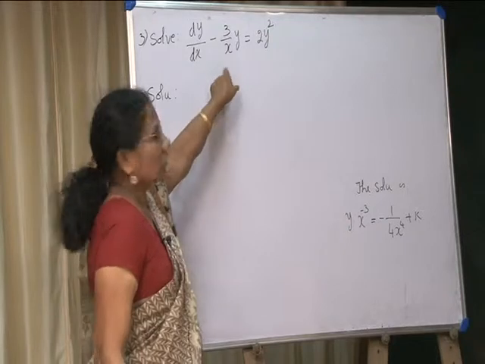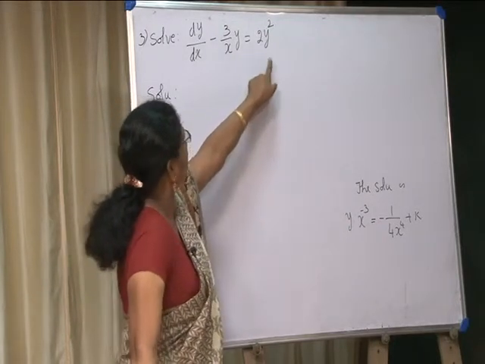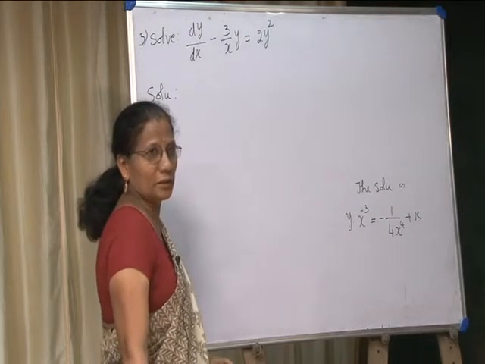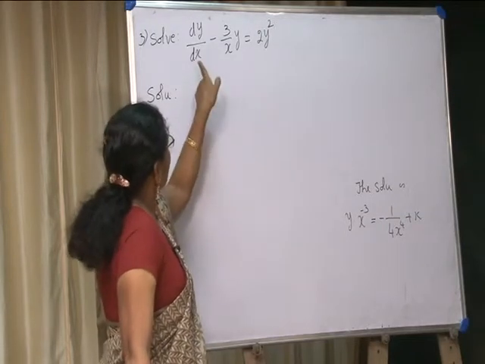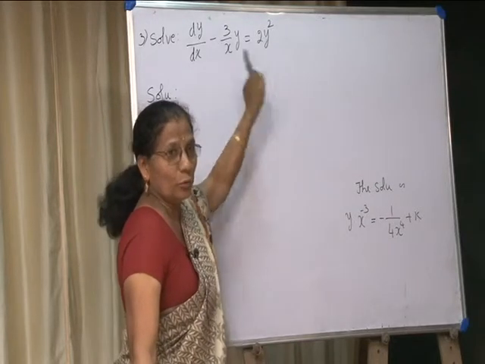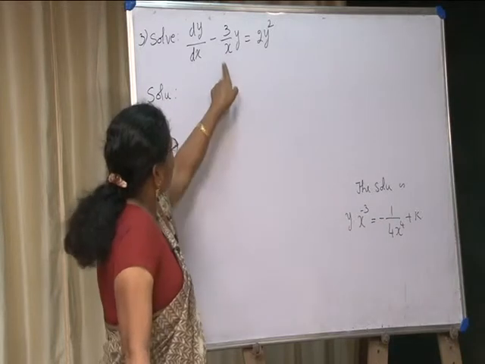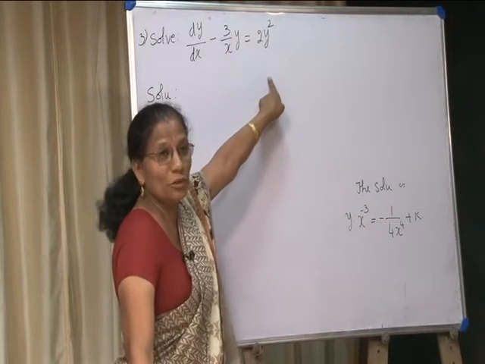Just you see the problem. Minus 3 by x y is equal to 2y squared is there. We know it very well: dy by dx minus py is equal to q, where p and q are functions of x. But here p is a function of x, but q is a function of y.